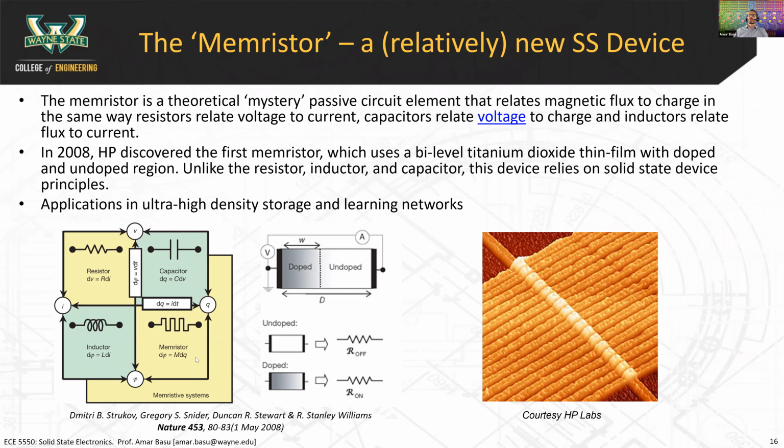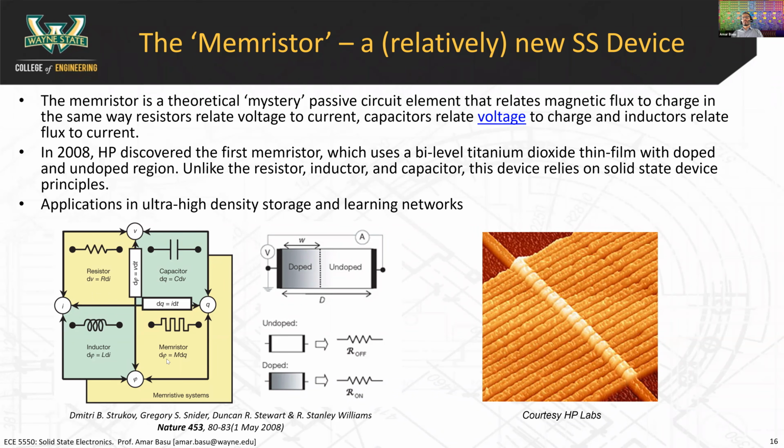So some researchers at Berkeley way back in the day theorized that maybe there's another element, a mystery element, which fits in this box, which relates charge to magnetic flux. They theorized that this element could be called the memristor.